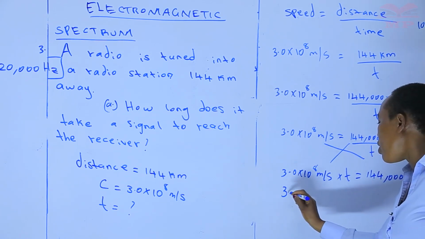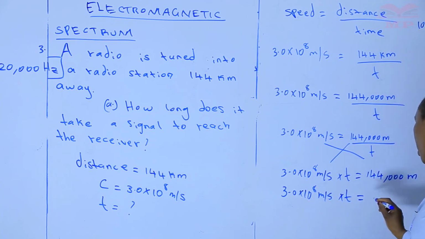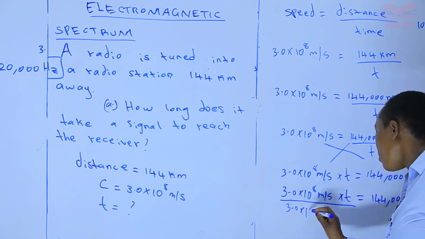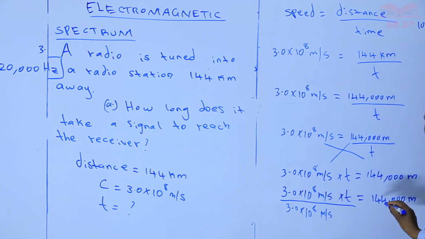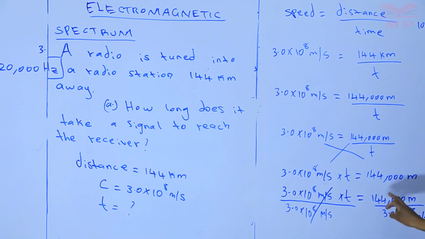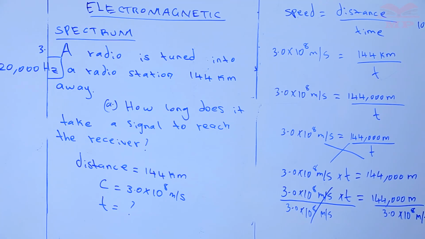So to make t the subject, we divide both sides by 3.0 times 10 power 8 meters per second. Of course this is going to cancel. Then now we can divide this using our calculators.